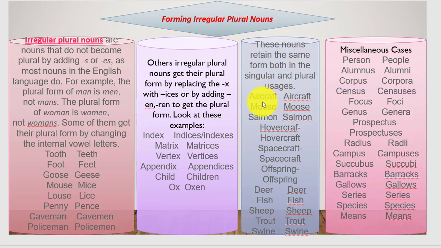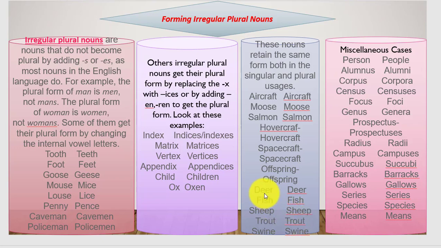Aircraft will be aircraft in the singular, and in the plural it will be the same. Moose will be the same in the singular and in the plural. Salmon and salmon will be the same. Hovercraft will be the same. So deer will be deer, fish will be fish, sheep will be sheep in both singular and plural.